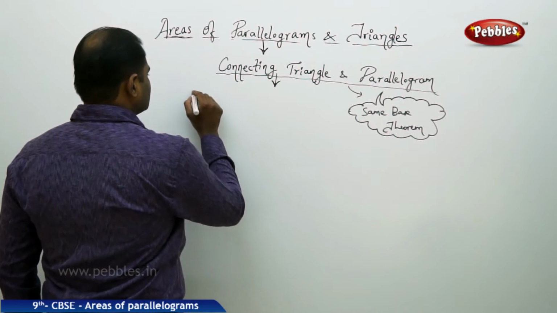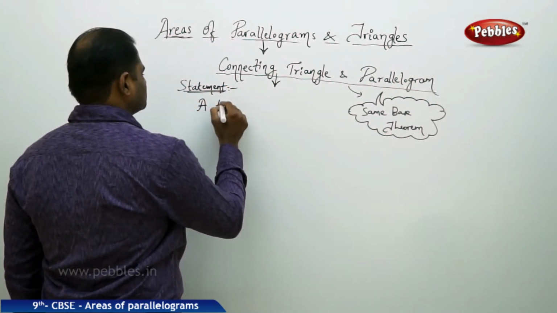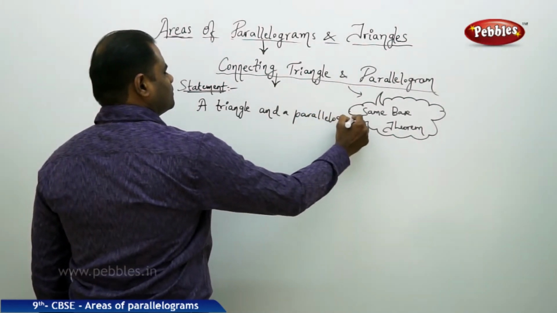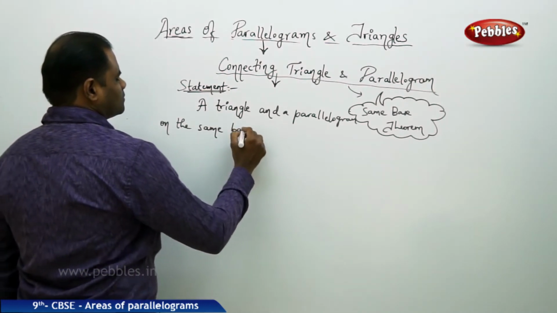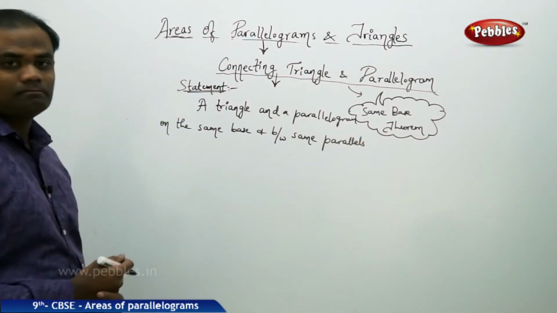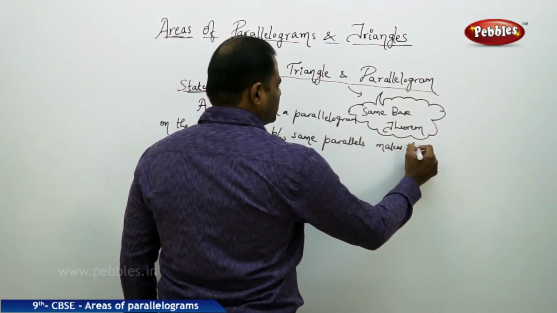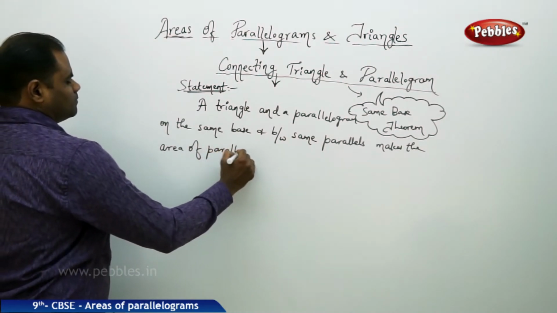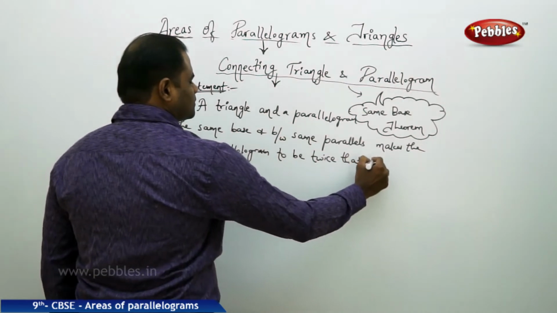Statement: if a triangle and a parallelogram are on the same base and between same parallels, it makes the area of the parallelogram twice that of the triangle.